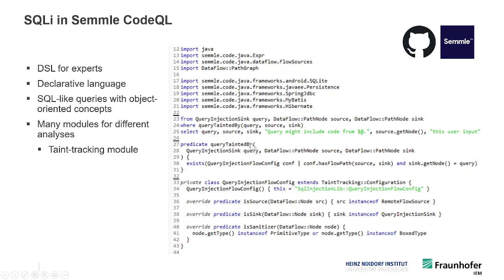Here we can see the predicate. The predicate is something like a method or function, and it takes as arguments three objects: a query injection, and then two path nodes. It uses this exists operator, where we say if there exists a configuration of type query injection flow config, where there exists a path, it has a flow path from source to sink, and the sink is of type query, and the query is a predefined class.